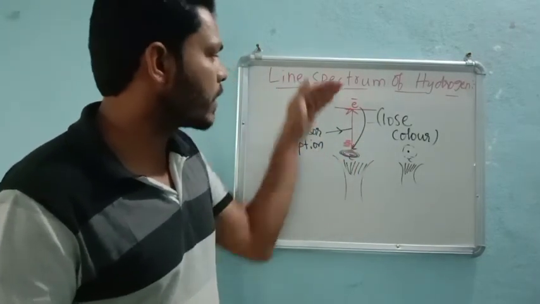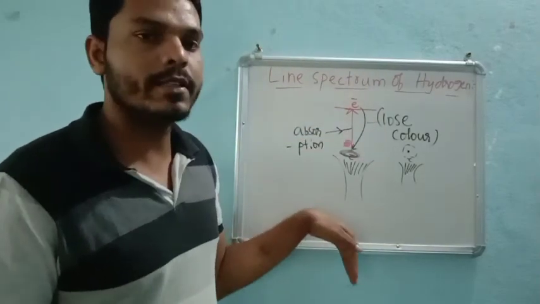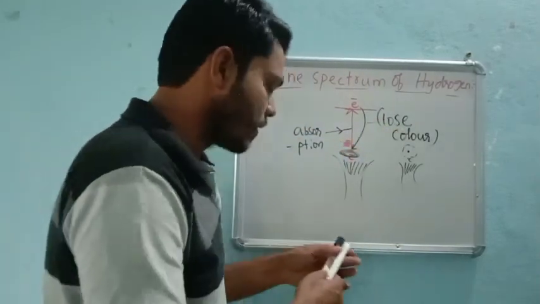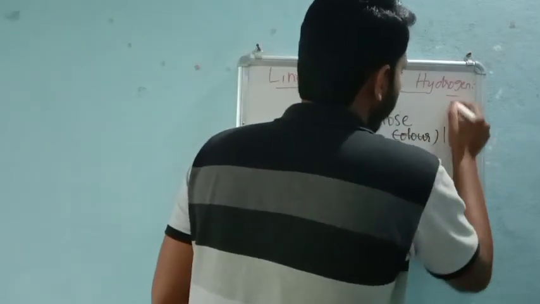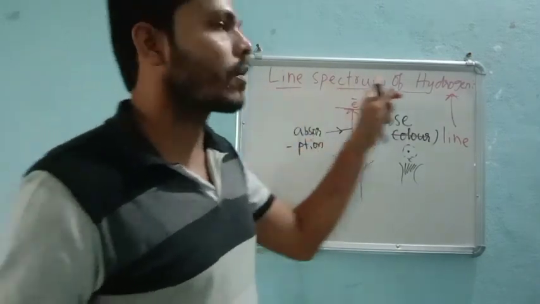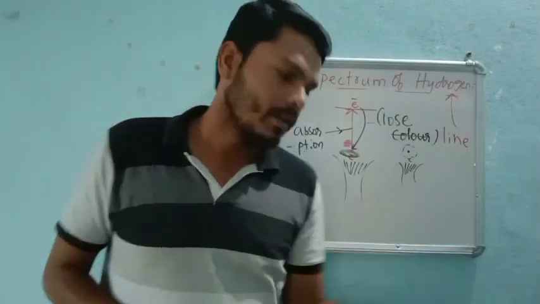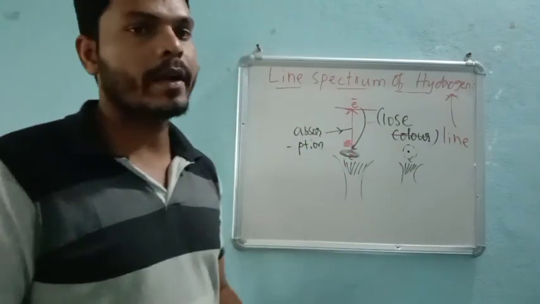Absorption takes place, the electron jumps to some higher energy level, and then it loses the energy, but not in the form of color, in the form of lines, particularly in the case of hydrogen. That's why we say line spectrum of hydrogen, right? In tomorrow's class, we will definitely have some interactive part again, right?